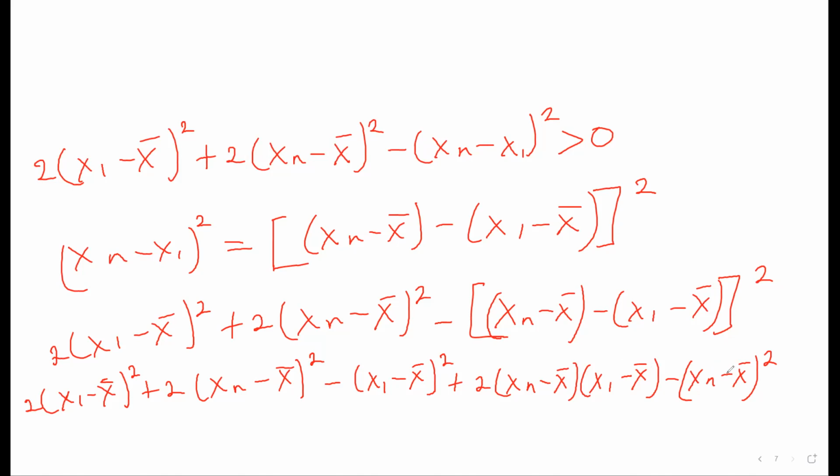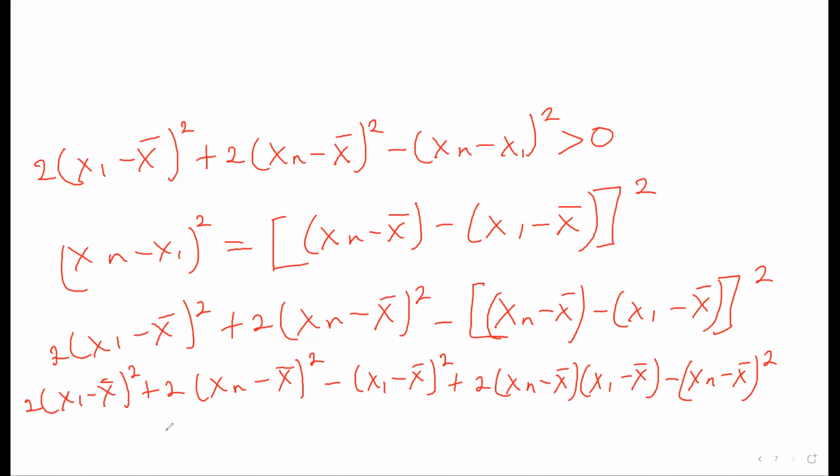So that's what it's going to give me if you open up. Now compare this guy now, xn minus x bar. So that means this minus this, I'm going to have only one of this. Also look at this, x1 minus x bar. Then I have this guy again, x1. So we have x1 here, we have x1 here. So this and this and this are the same. So I can subtract this 2 minus 1, that gives me 1. 2 minus 1, that gives me 1.